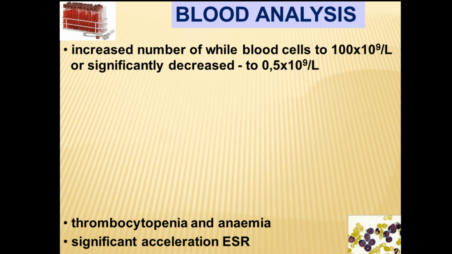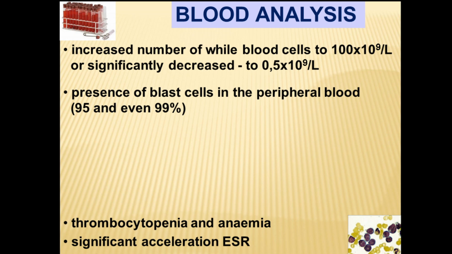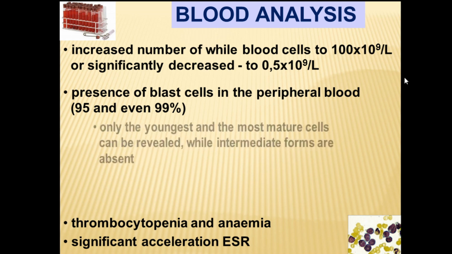But for differential diagnosis between acute and chronic leukemia, first of all, we'll pay attention to white blood cells. We see that in peripheral blood, the leukemic formula will be formed from blast cells, whose count may be nearly 99%.